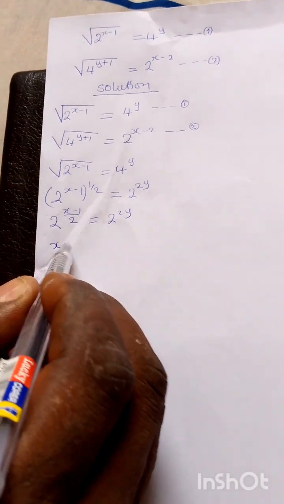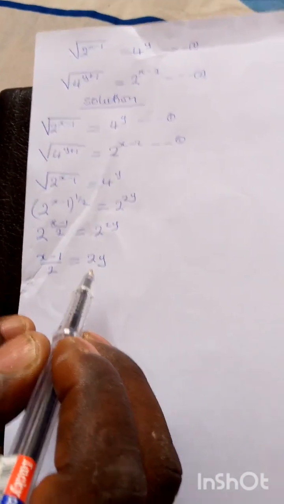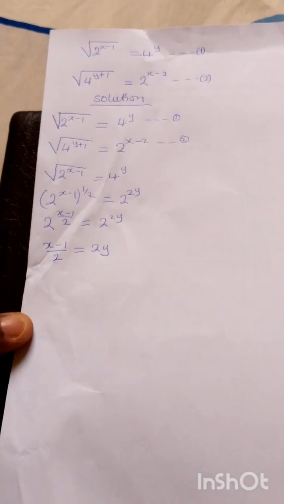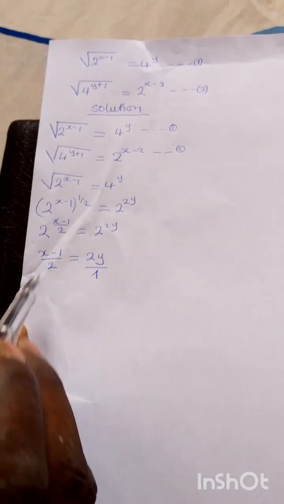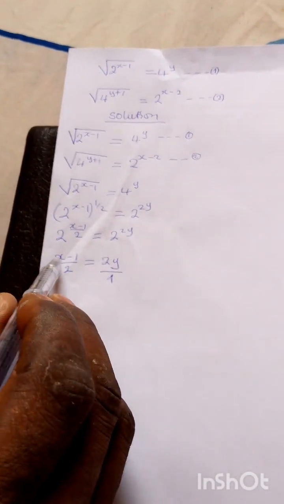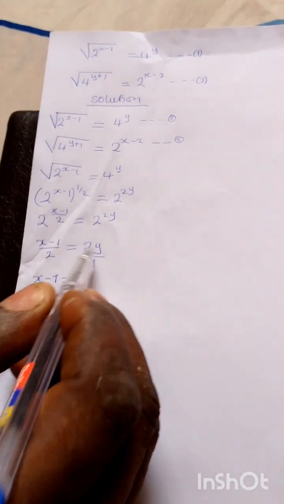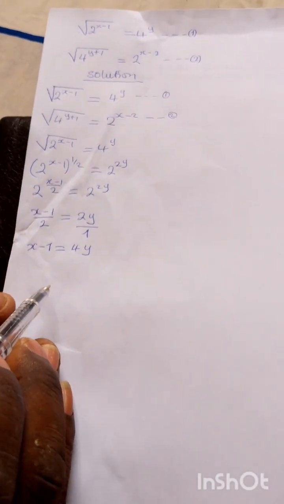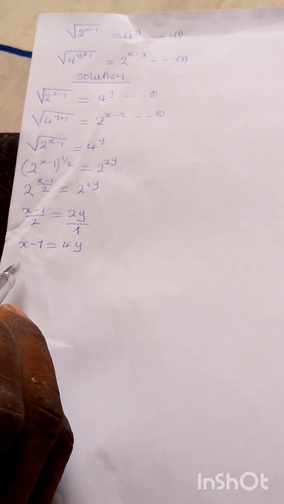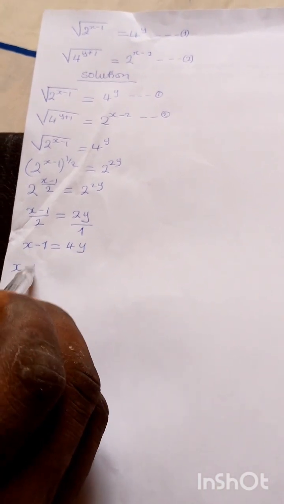So we have x minus 1 all over 2 equals 2y. Now that we have this, we can cross multiply because this is also all over 1. We can cross multiply so that we have x minus 1 times 1 will give us x minus 1 equals 2 times 2y will give us 4y. Now if that is true, then we can rearrange so that we have x minus 4y equals 1.